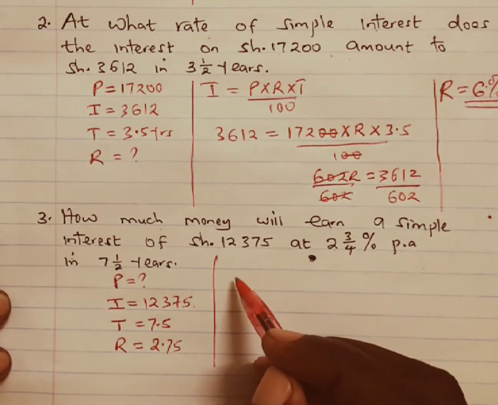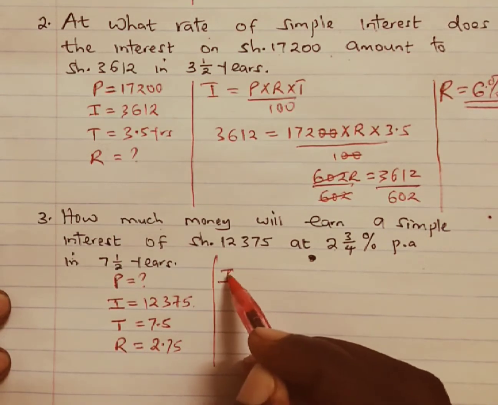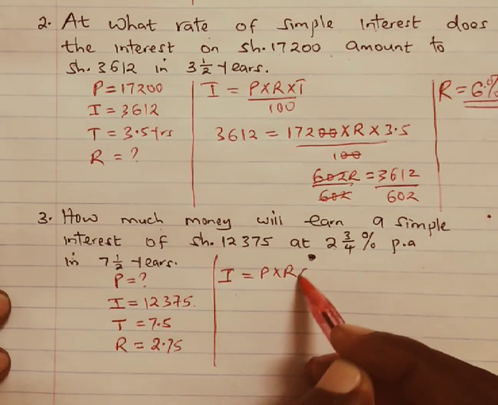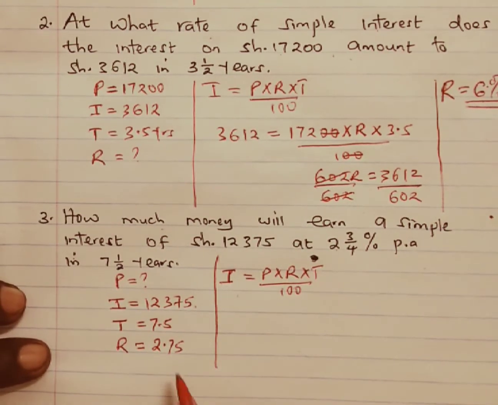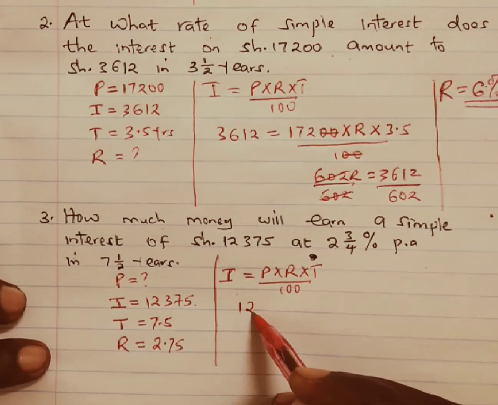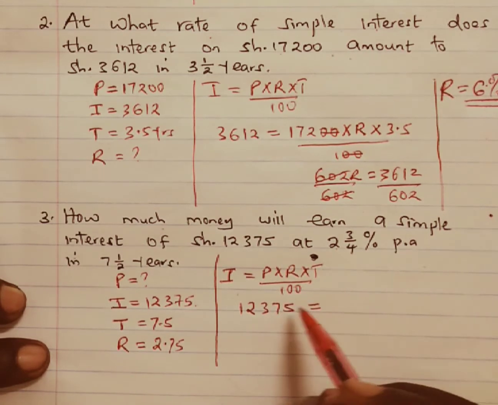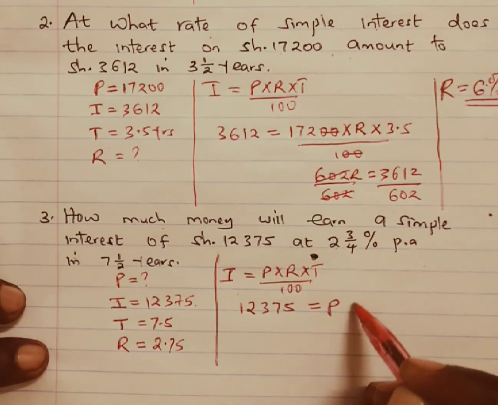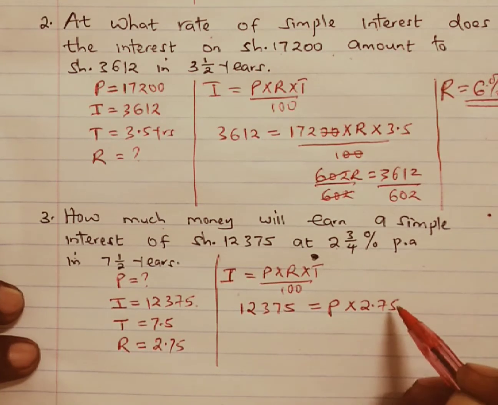We know that interest or simple interest is given by principal. We multiply by the rate, we multiply by the time, everything divided by 100. We know the interest, which is 12,375, and this one will be equal to the principal, which we don't have, so we maintain it as P. We multiply by the rate, which is 2.75.